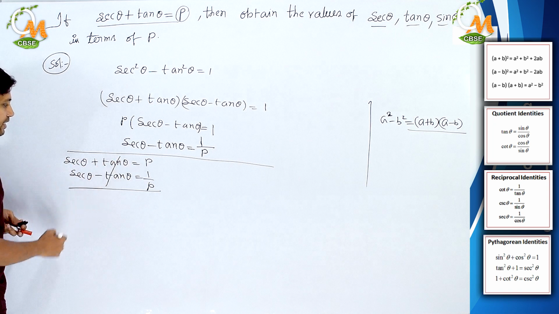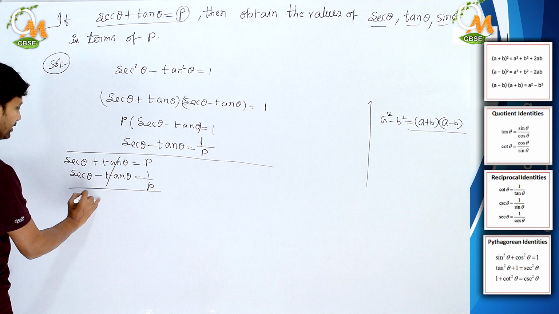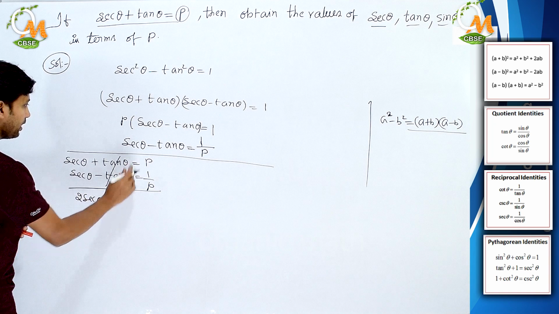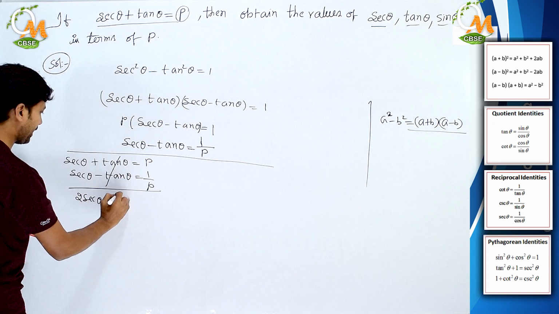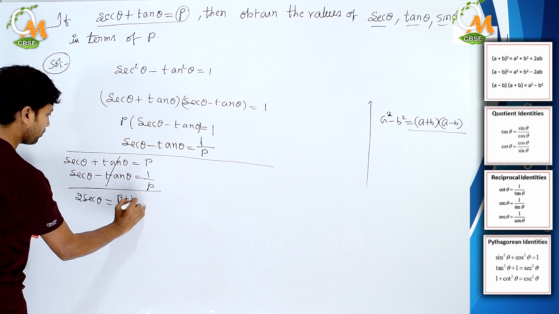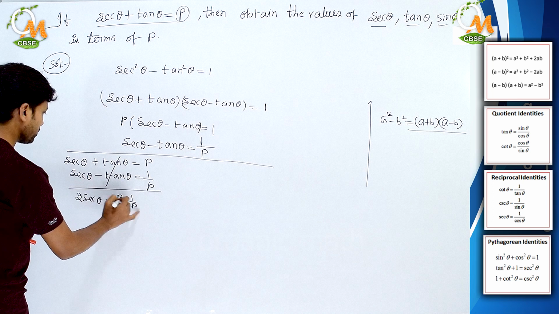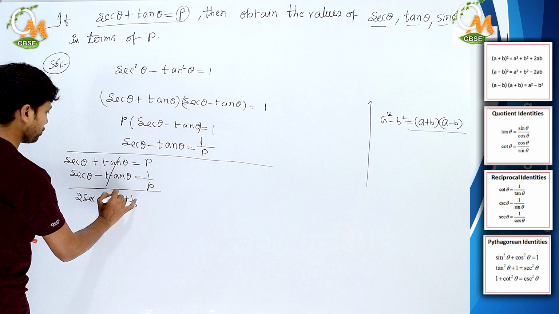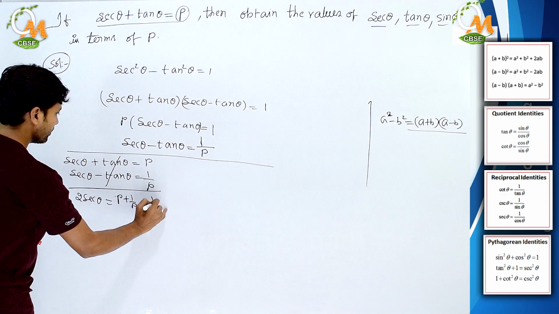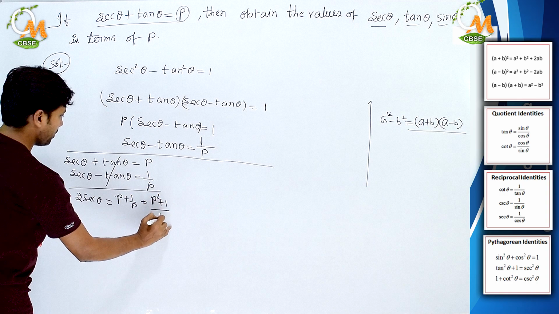Then on addition of these two, what do we get? 2 secant theta. Then what do we get here? Here also we need to add or not? P plus 1 by p. Okay, now take the LCM for these two. P square plus 1, p into p, p square plus 1, p square plus 1 upon p.